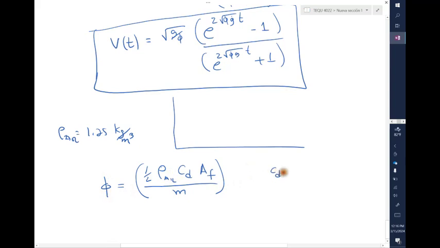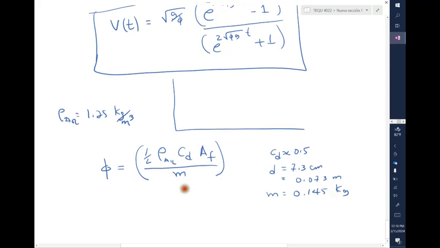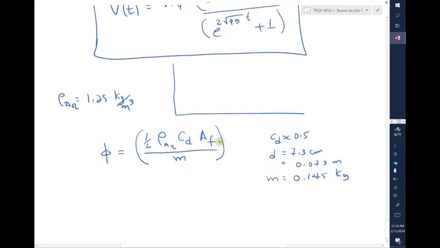If you know the constant, for example, for a baseball, if I remember the numbers, the coefficient of drag I can approximate as 0.5. The diameter of the ball is about 7.3 centimeters, or about 0.073 meters. The mass is about 0.145 kilograms. And if you substitute all that, remember that the frontal area is about pi times this diameter squared over 4.